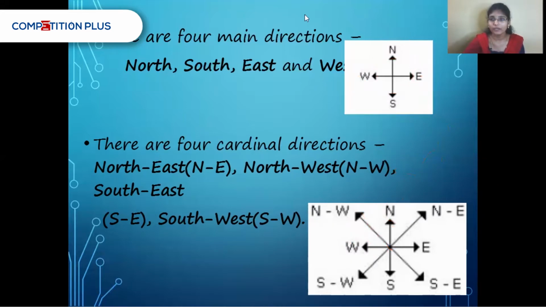So please be very clear: four main directions and four cardinal directions which are formed by bisecting the main directions. You should remember that the names of the cardinal directions start with the top down directions, north and south. It starts like northeast, northwest, southeast and southwest, not in the opposite way like east north.